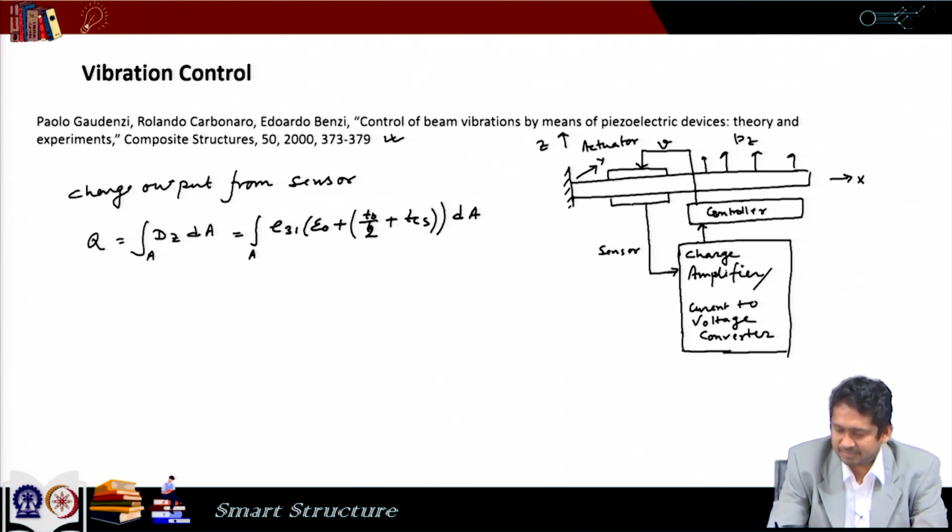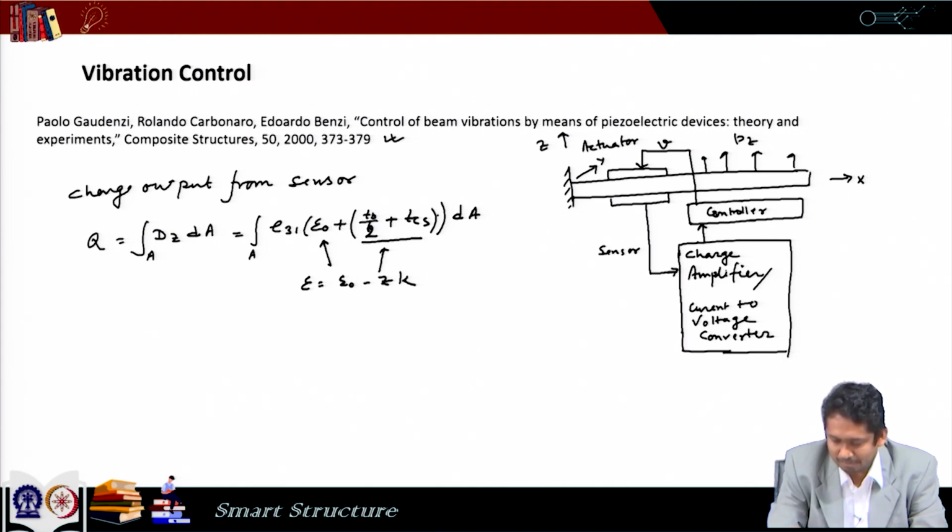The strain here is nothing but epsilon 0 minus z into kappa, as we know. So, epsilon 0 comes here, z for this case is this, and we have to multiply kappa here, and kappa comes here.